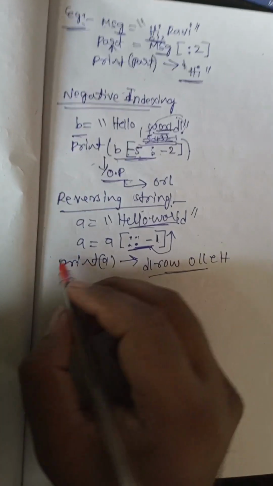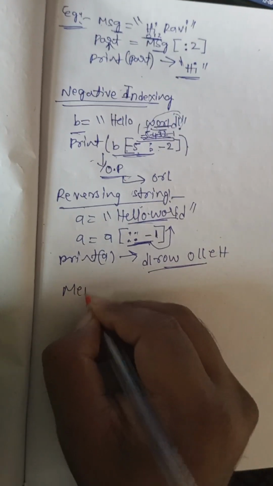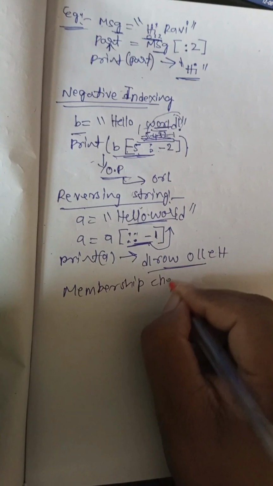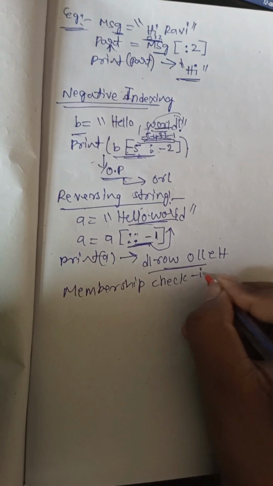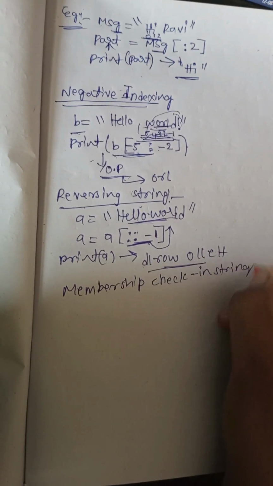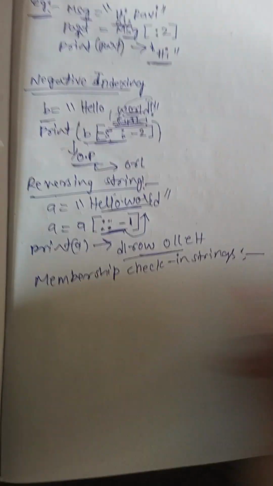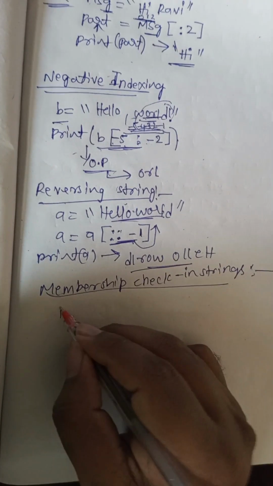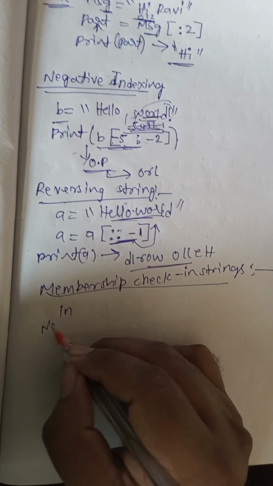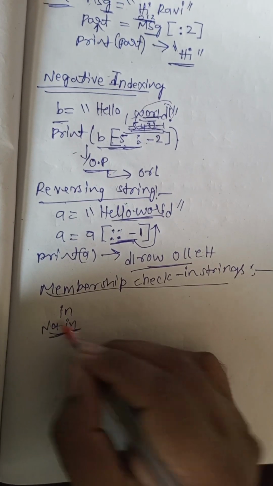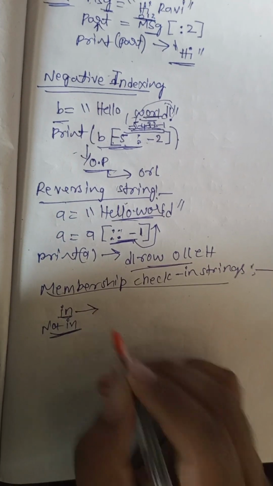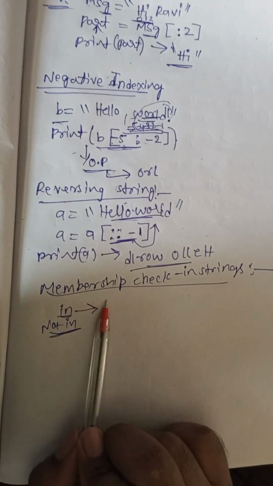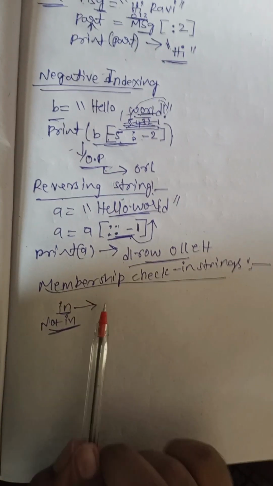Next, but not last, this is membership checking in strings. In membership checking in strings, two types are there: in and not in. By using the in operator, one can determine if a value is present in a sequence or not.